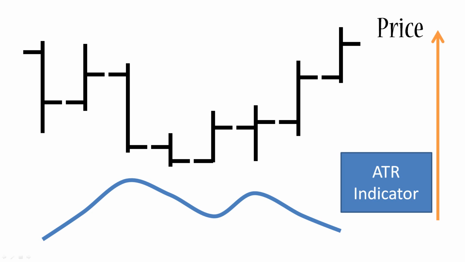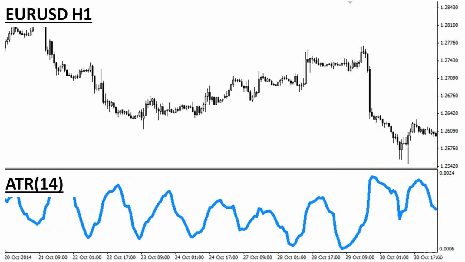Right now we know that this average true range indicator tells us how volatile the market has been over the past 4 days. To finish off today's tutorial, let's have a quick look at the average true range on a real chart in MetaTrader 4. Here's a snapshot from MetaTrader 4, and at the bottom you've got the average true range with a period of 14.